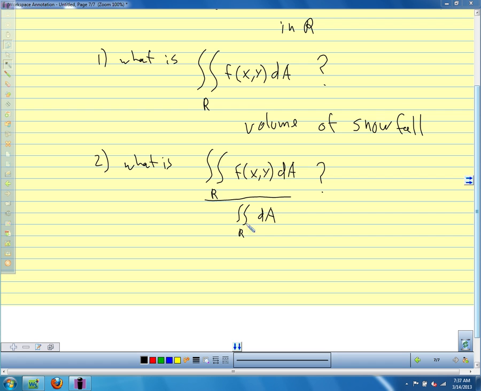That's the volume. What's the double integral of dA over a region? That's the area of the region. So this would be the volume per area. So maybe that would be the way to decide if there's a snow day. If you get a certain volume per unit area of snow, then you have to cancel school.